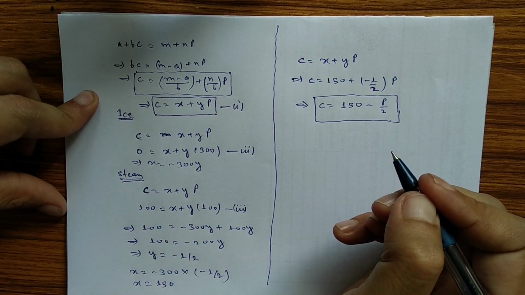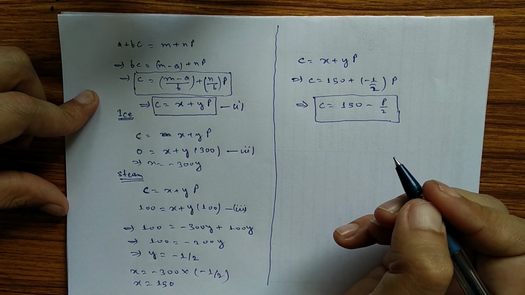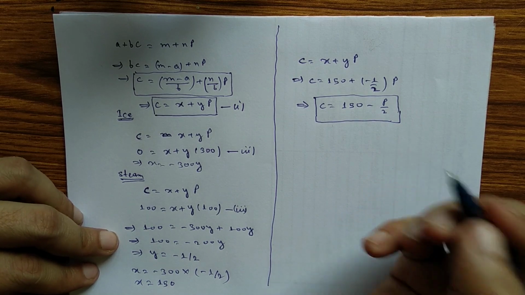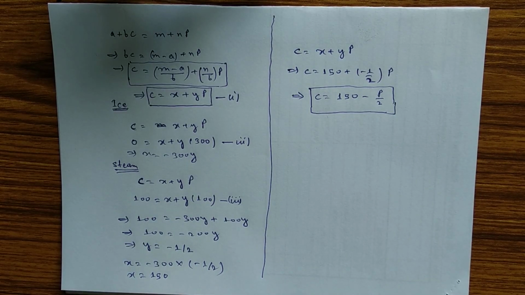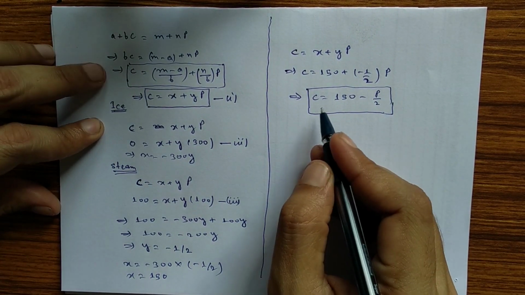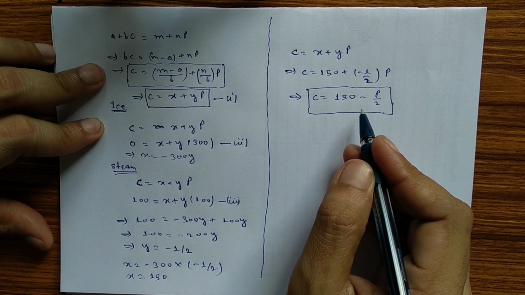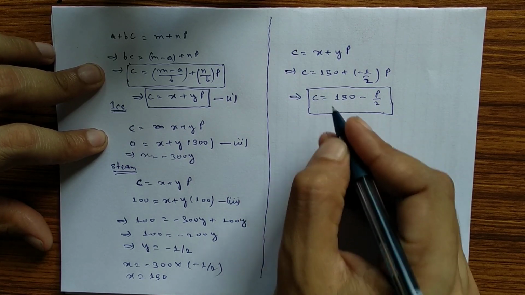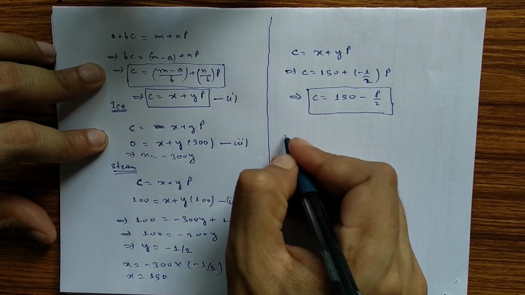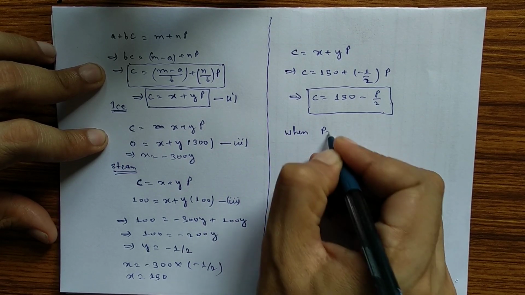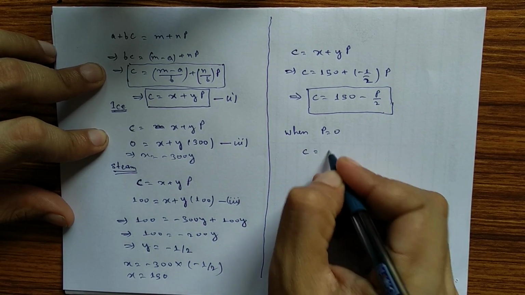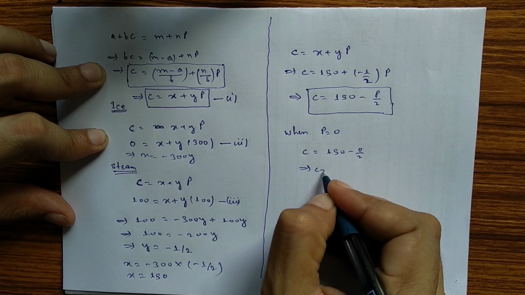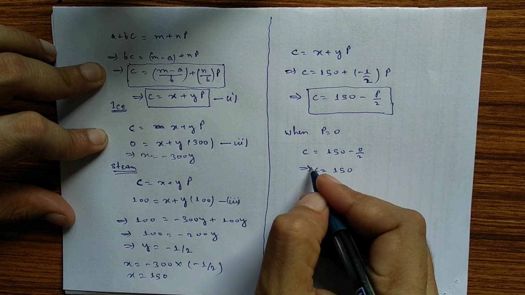Now according to the question, we require the value in centigrade. So when P equals 0, C equals 150 minus 0 by 2, that is C equals 150.